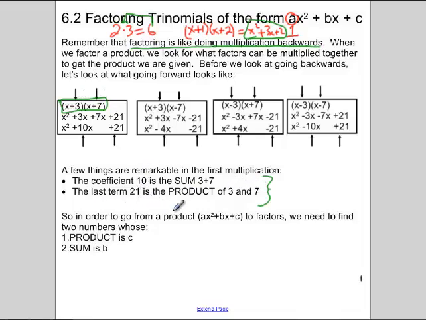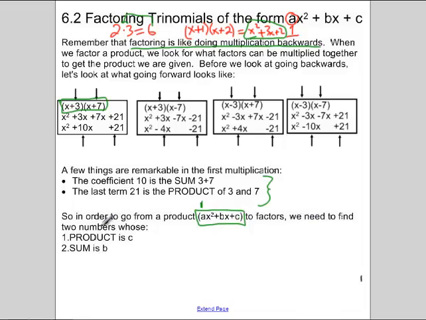So when we have ax squared plus bx plus c, and by the way, for this section only, we're going to talk about a equal to 1. So when a is equal to 1, this holds true.